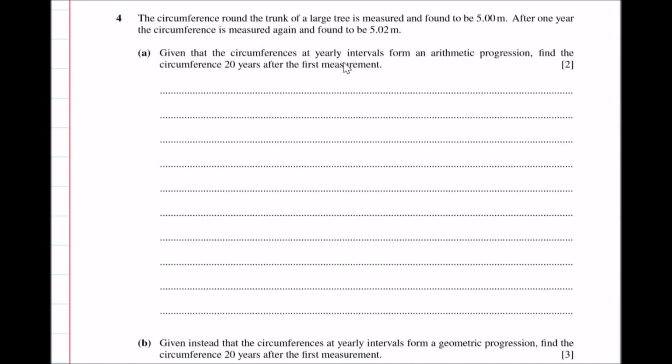So, as it says, they follow an arithmetic progression, right? So let us write the first term will be 5.00 meters. Then comes 5.02, and so on. After 1 year, this. So the second term is after 1 year. The third term will be after 2 years. The question is asking after 20 years.